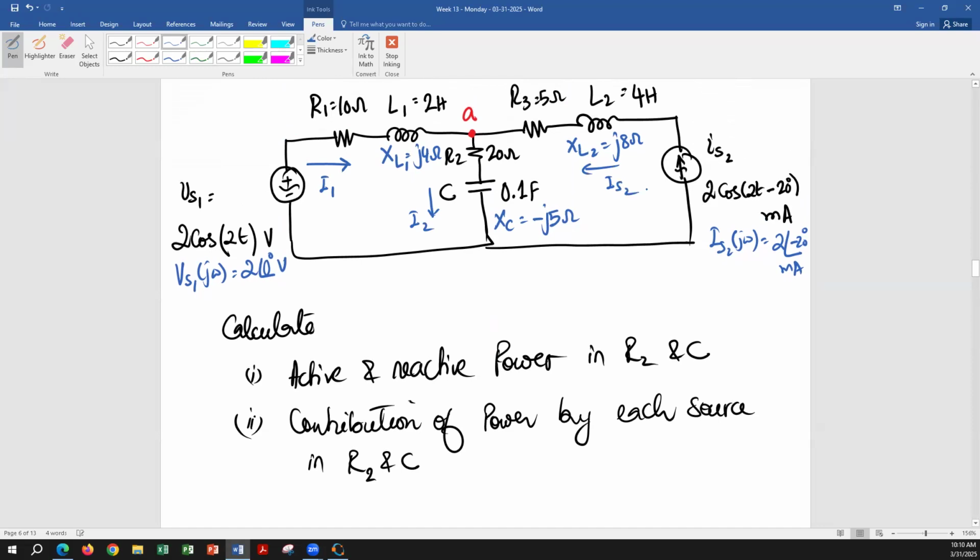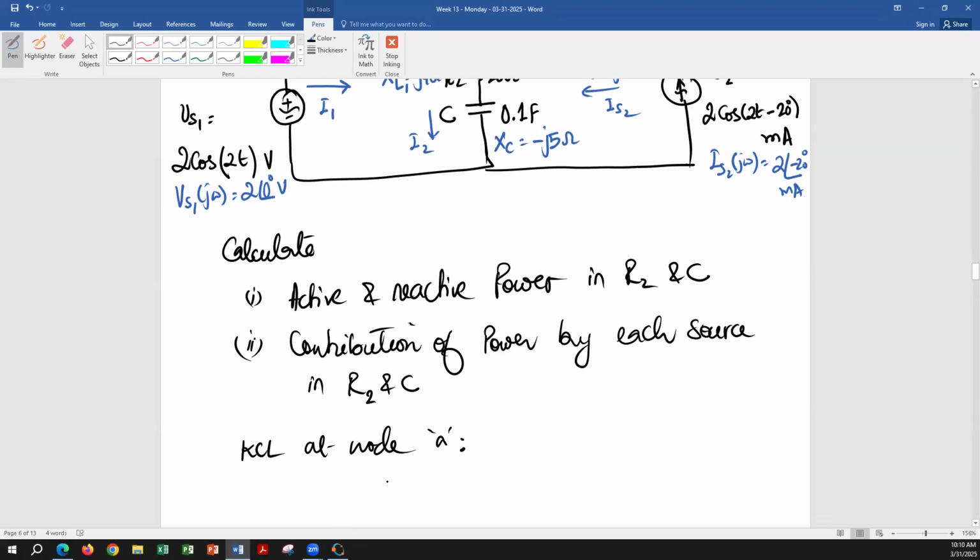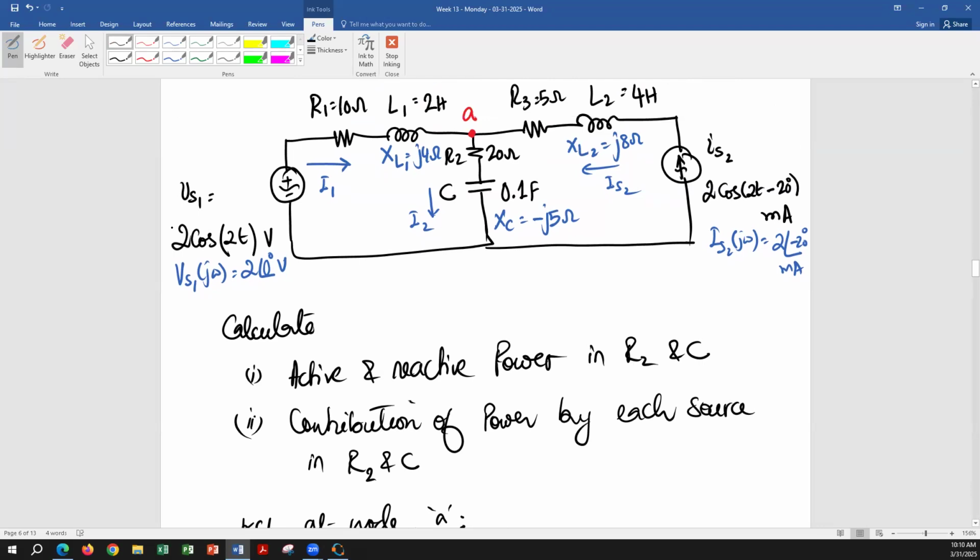All right. What will be the KCL equation at node A? I1 plus IS2 is equal to, right? Okay. And I1 is VS1 minus VA over R1 plus XL1. I'm just gonna call this Z1. I'm gonna call this Z2, and I'm gonna call this Z3.